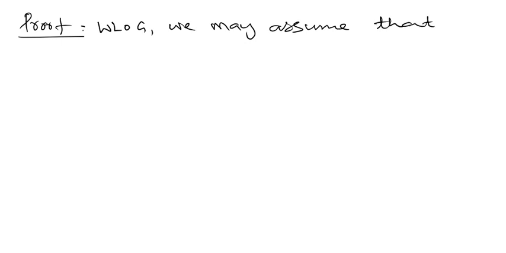So first, without loss of generality, we may assume that fn(x) is greater or equal to 0 for all x in X and for all n greater or equal to 1.